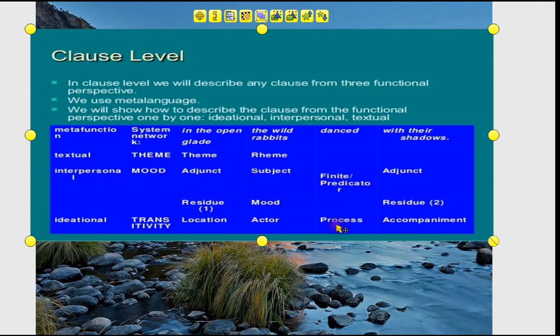It's also a process. With their shadows is an adjunct. Why? Because I could take it out and the sentence still makes sense: In the open glade, the wild rabbits danced. This is extra information. See, adjuncts are extra information. This is a type of analysis under the systemic functional approach. We will be working with this later on, as I mentioned previously.